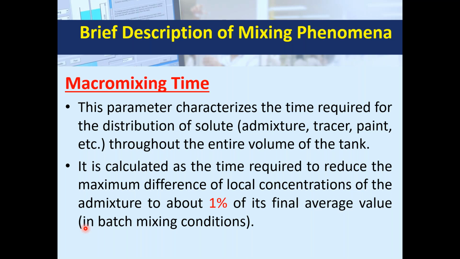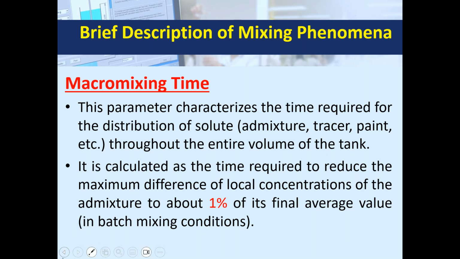Only to remind you, macro mixing time in VisiMix is defined as the time required to generate homogeneity at the level of 99%. From an intuitive point of view, we are taking balls that are black and white, we are moving our tank and we are putting our balls black and white, very well distributed.